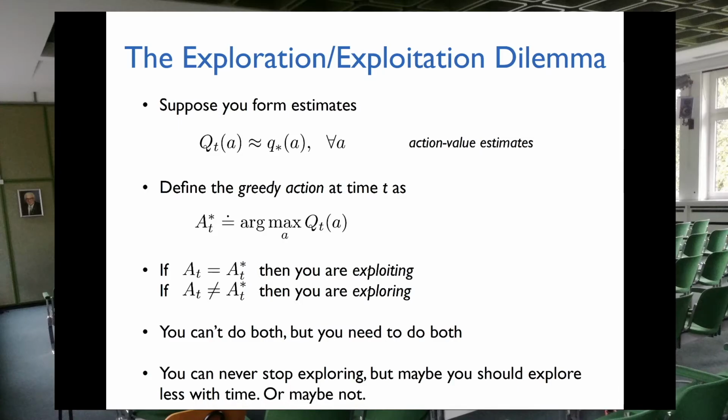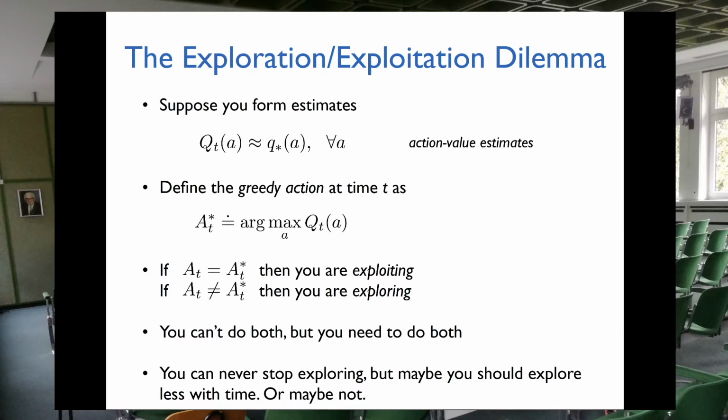So if that is the situation, if the problem is stationary, then it makes sense to reduce the amount of exploration with time. So at some point you have explored enough, and you have discovered which is the best action. So then after that you just need to keep playing the best action, because you know that the distributions of the rewards are not going to change.